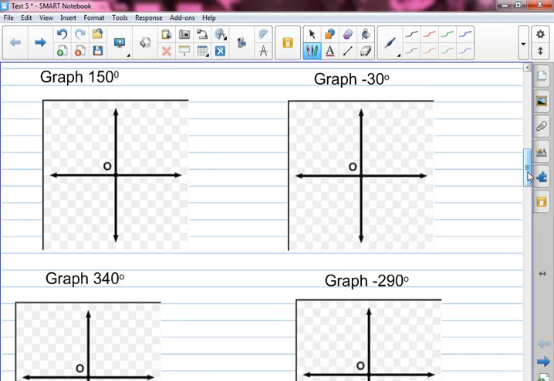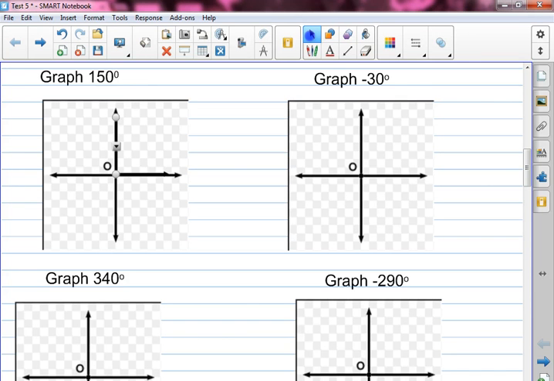Now we're graphing 150 degrees, so I want you to graph it. First, I know that my initial side is going to go on the x-axis because I am making a standard angle. So I'm graphing 150 degrees. So I start at 0 degrees and then 150 degrees. So I go up 90 degrees.